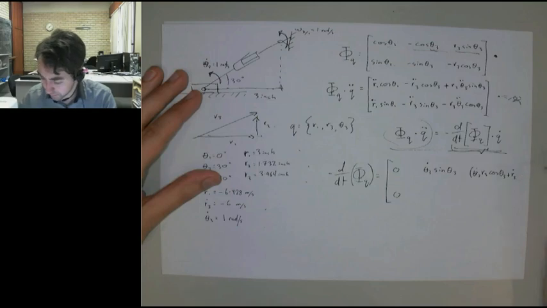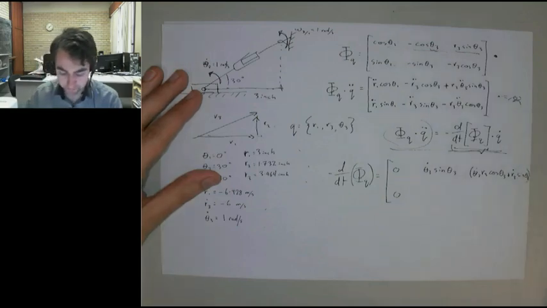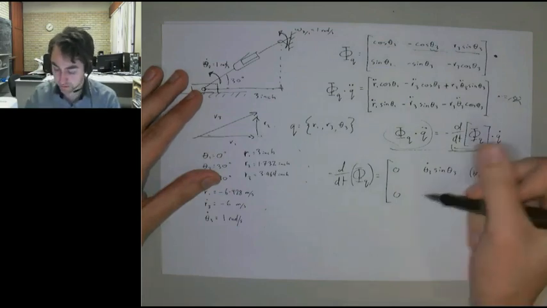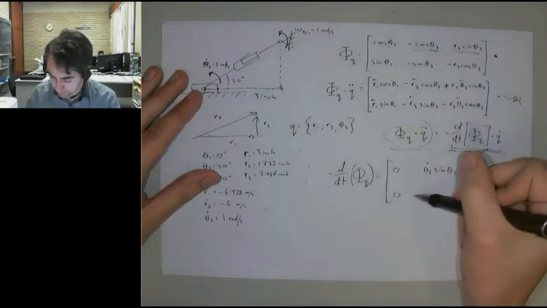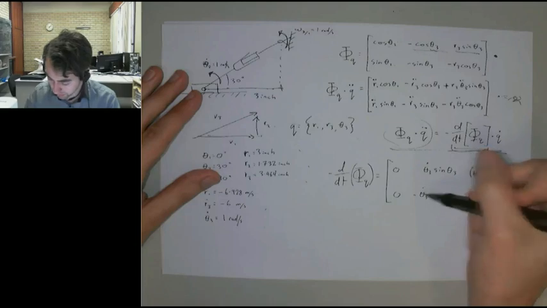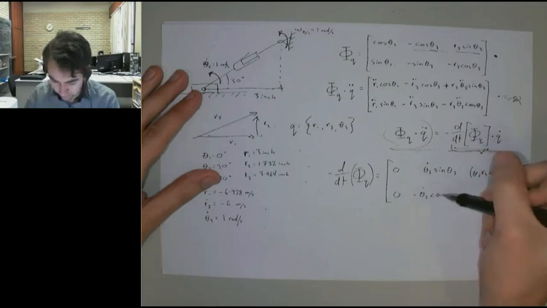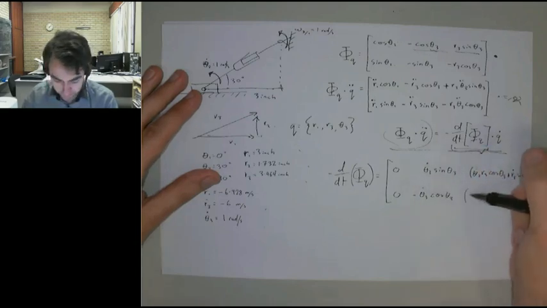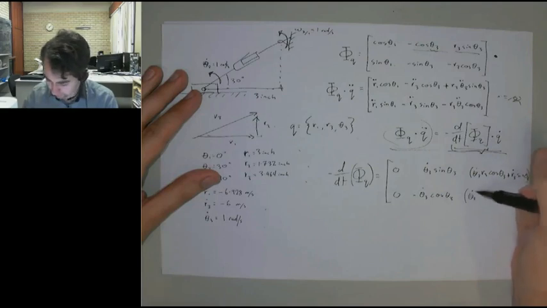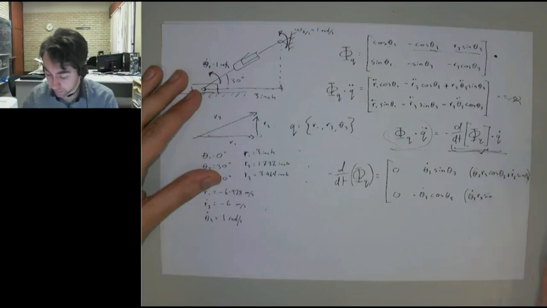So the differential of R3, sine theta 3. And again, we can do the same for the bottom row, which will give us minus this time. And doing this one here. So first with respect to theta 3, then in terms of theta 3, and then for our R3.